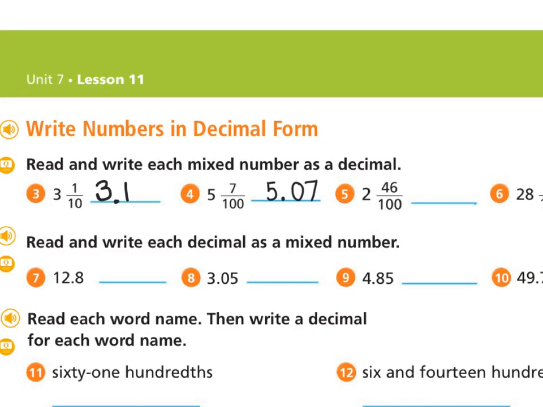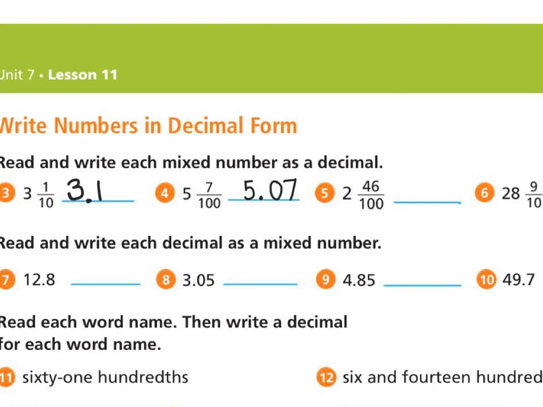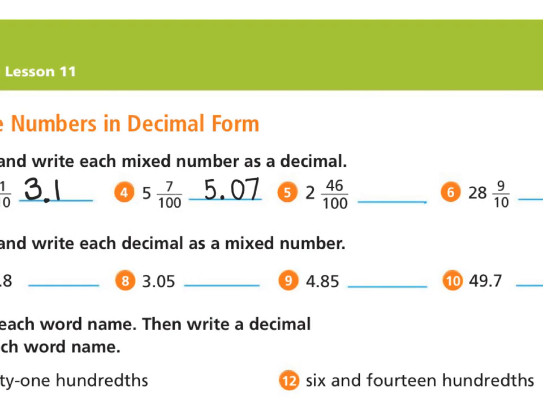Okay. Michaela, how did you do number 5? I did 2 and 46/100. Good. I love how everyone who's answered so far has used and in place of that decimal point there. So it's 2 and 46/100.